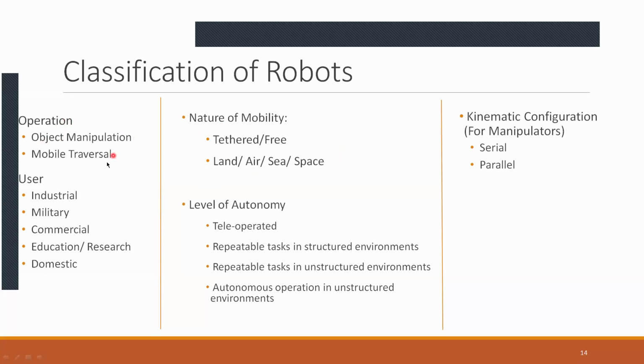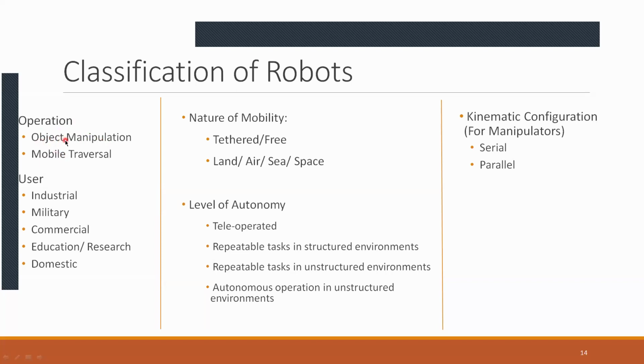But let's take a look at how I classify things. I classify robots according to operation, mainly industrial robots. I can break them into two classes based on operation. One class will handle object manipulation, and the other class will handle mobile traversal.